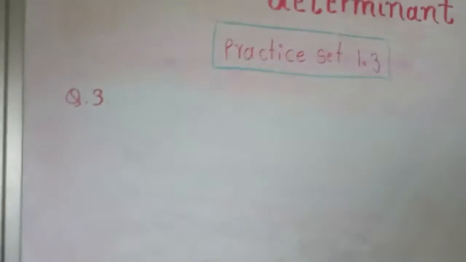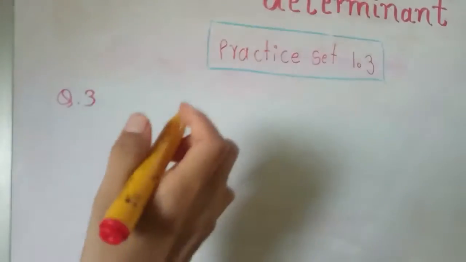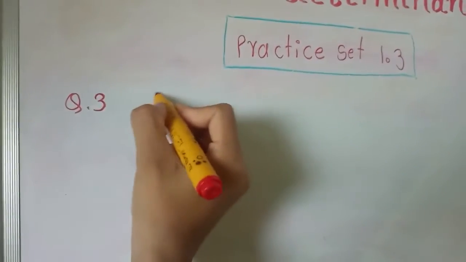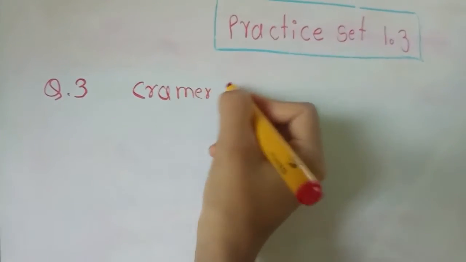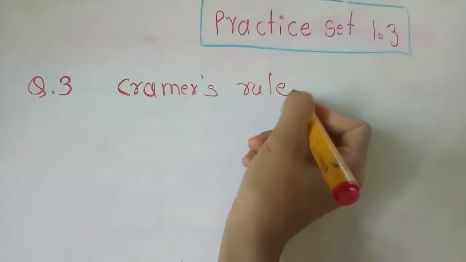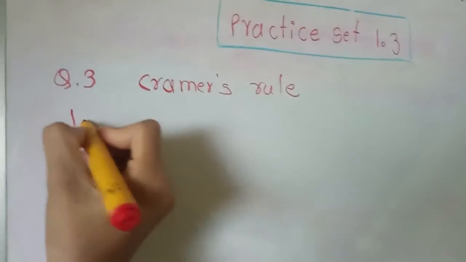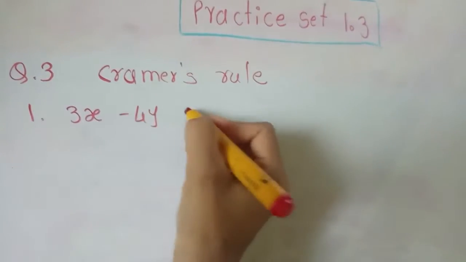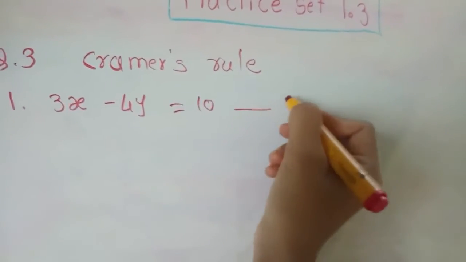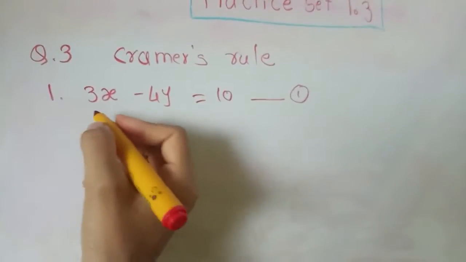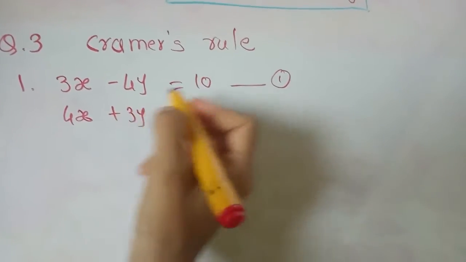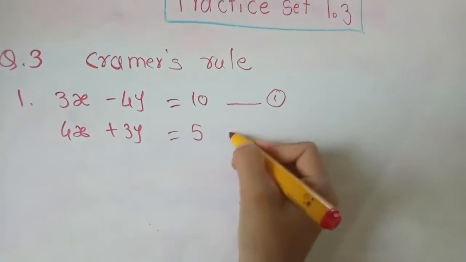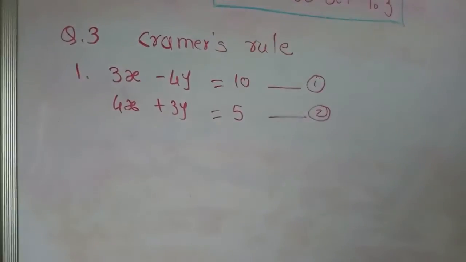Question 3. Solve the simultaneous equations using Cramer's rule. So first is 3x minus 4y is equal to 10. This is our equation number 1. And 4x plus 3y is equal to 5. This is our equation number 2.